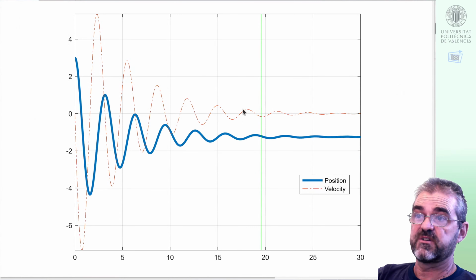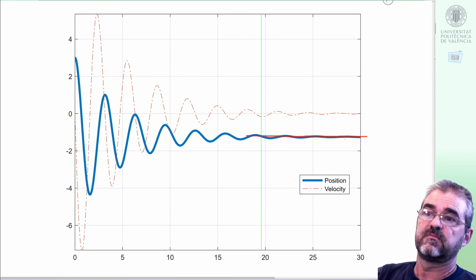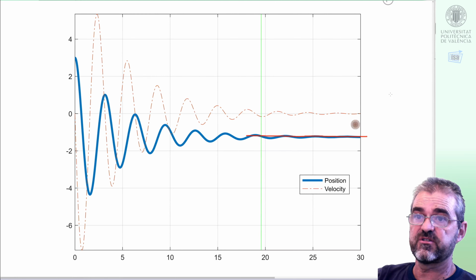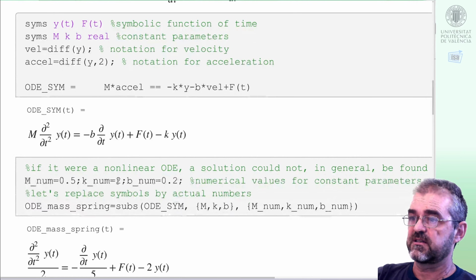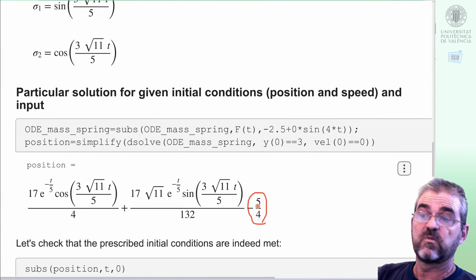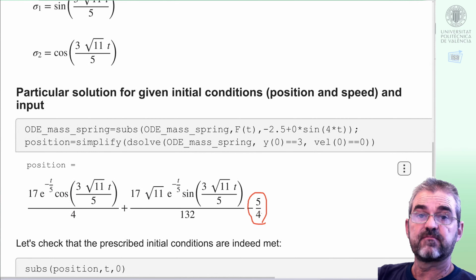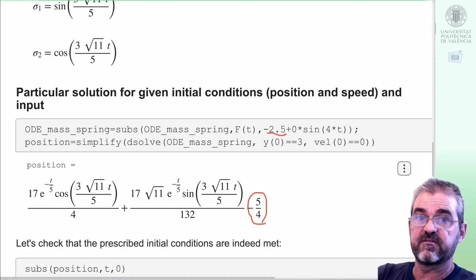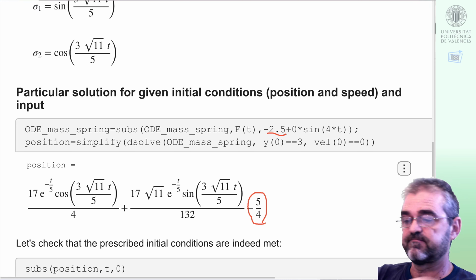Indeed, here we see how the new position just settles at the new equilibrium position. Which one? Well, as spring constant is 2, when I move 1.25 meters, then the spring makes 2.5 newtons, so it cancels out the increment of force. So the equilibrium position moves 1.25 units to the left.